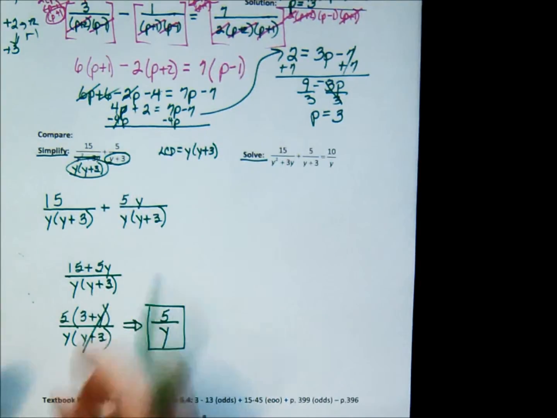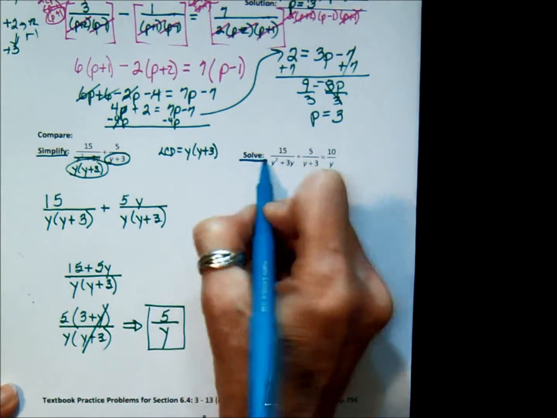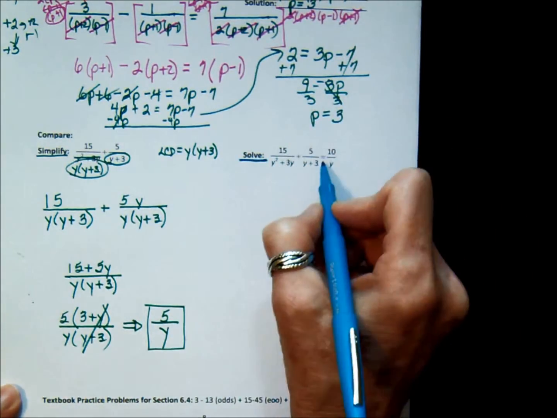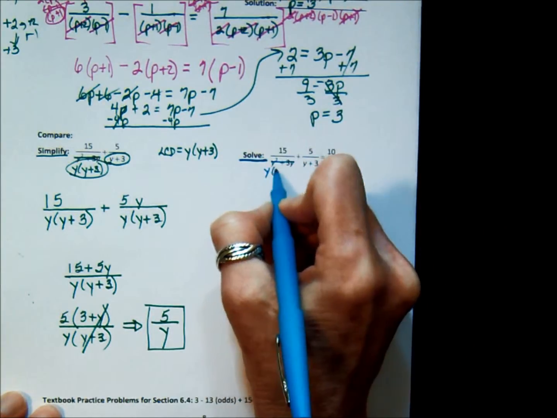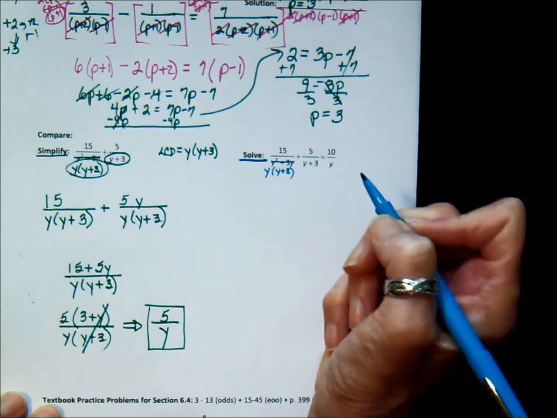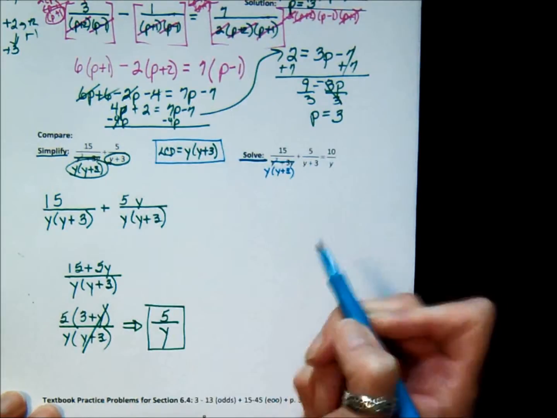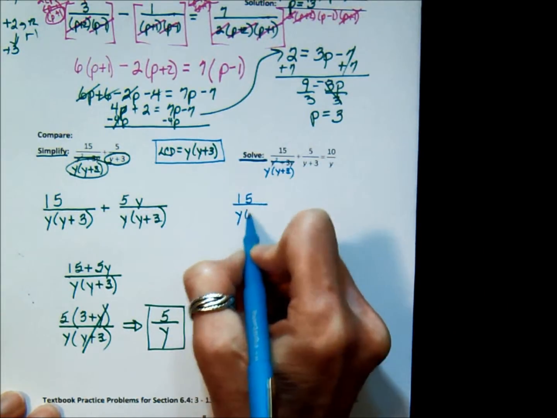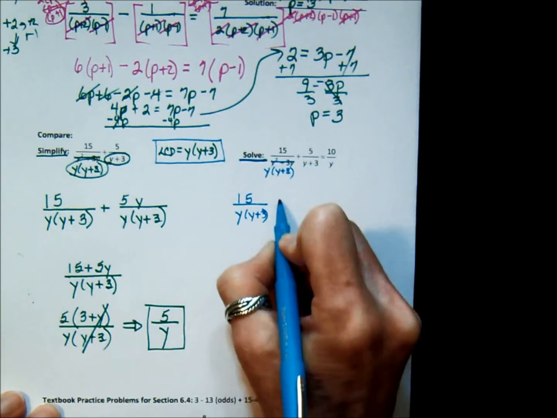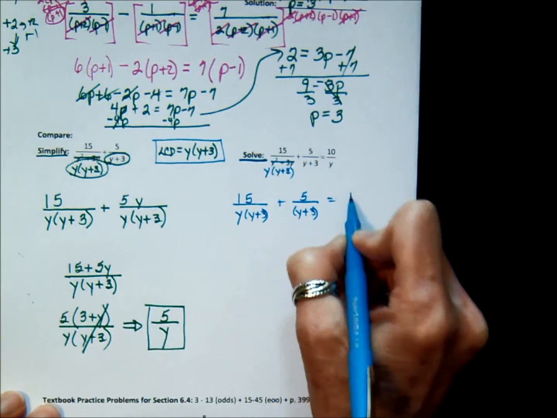All right, let's contrast that with, on the other side, our directions say solve. And I do have an equal sign. So this factors the same as it did before. I can see that my LCD is going to be the same as it was for the last one. So let's rewrite our terms. 15 over y times y plus 3 plus 5 over y plus 3 equals 10 over y.